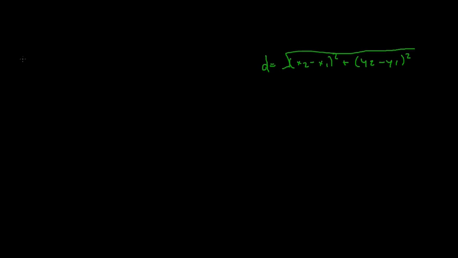I chose this for our first point, minus 1, minus 5, and for the second point I chose 2, minus 3. So this is just a simple distance formula. Just fill in the formula and solve.